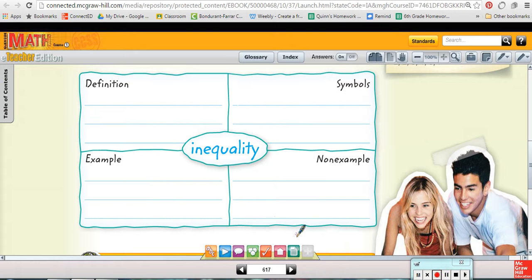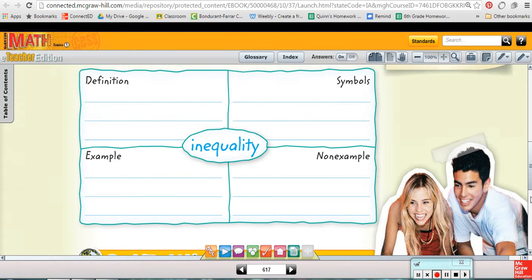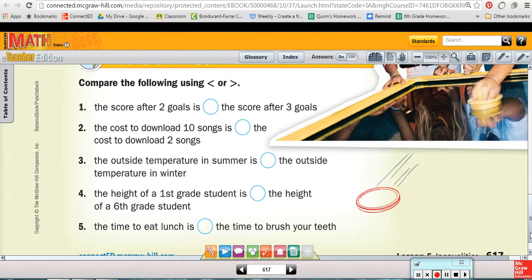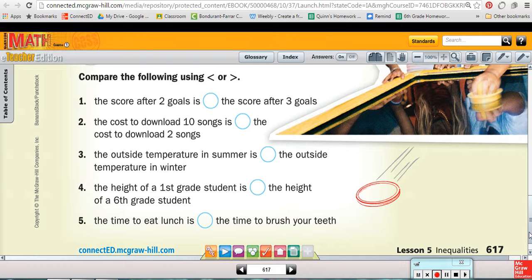Now let's use the greater than and less than symbols that we know from before. Compare the following using less than or greater than. The score after 2 goals is blank the score after 3 goals. What would that be? Less than.